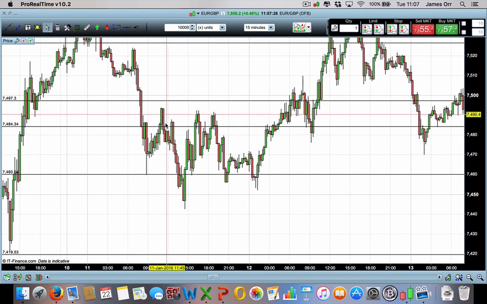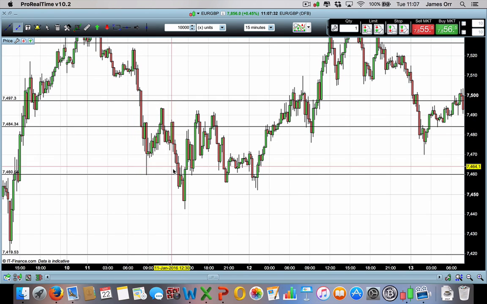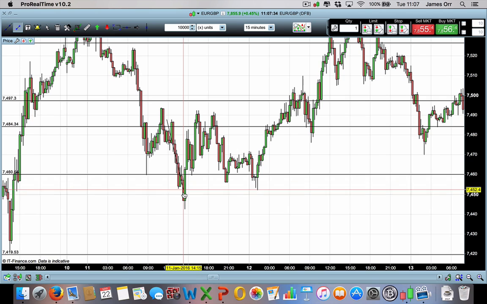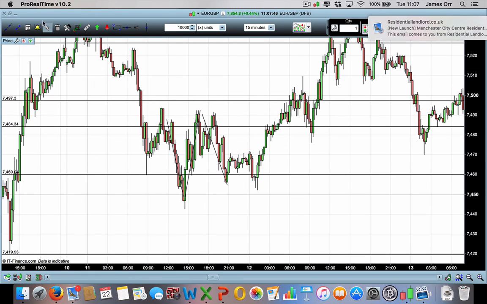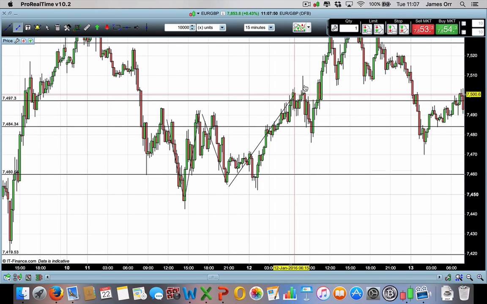We're just moving along relatively quickly here. You've got one right here. So market comes down into this area, push all the way down, push up, push down, and then we push away again.